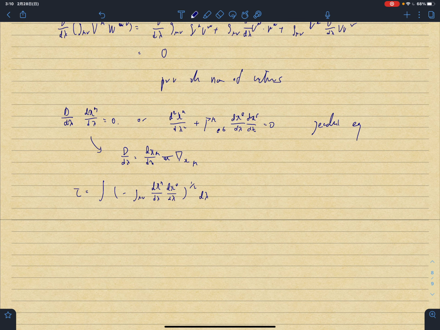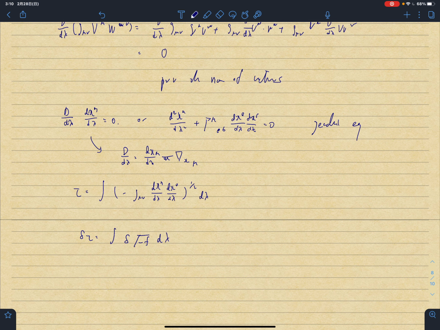The variation looks like delta tau equals minus delta f d lambda, minus f. Okay, this is the definition.